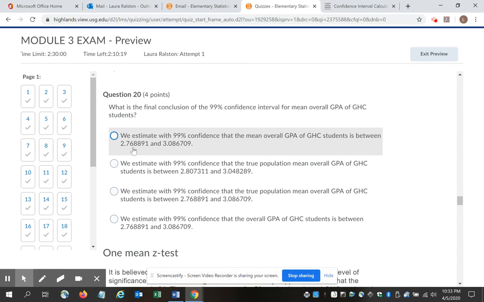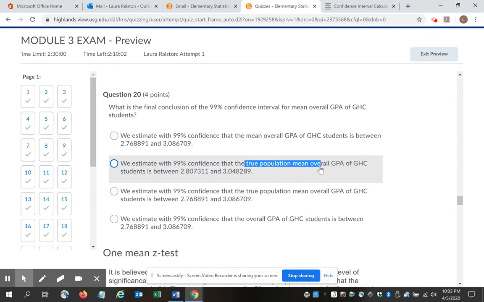So I need the 2.768891 and the 3.086709. So that's in the first one, the second one, and the third one. We're doing 99% confidence, and we need to make sure that it says true population mean. So it's the second one.